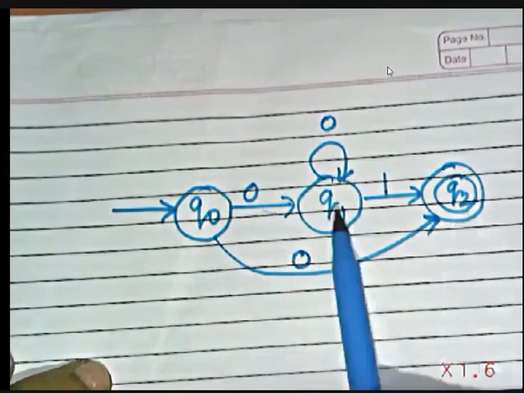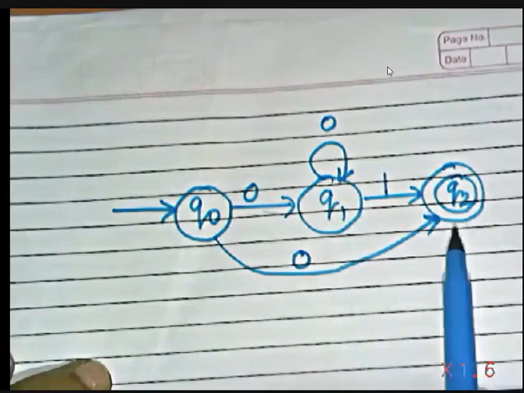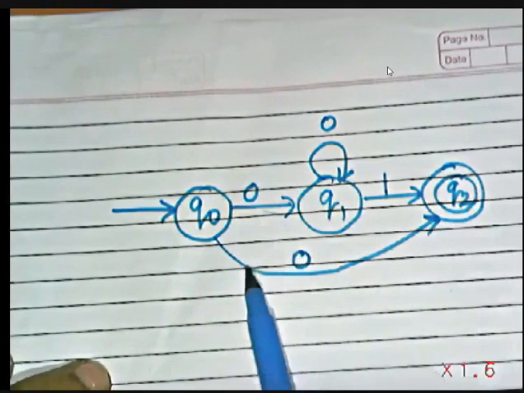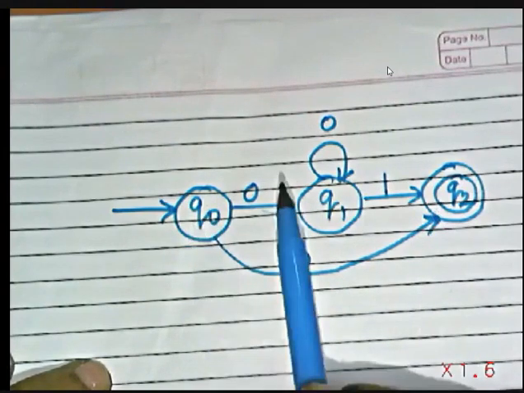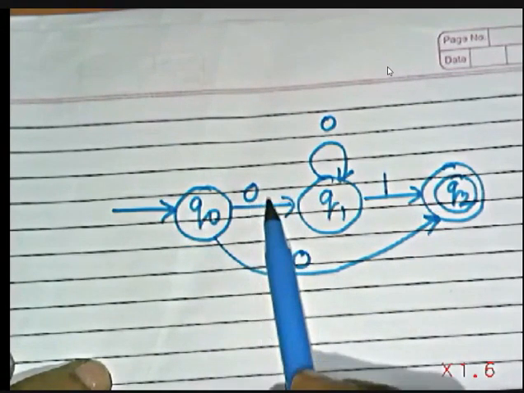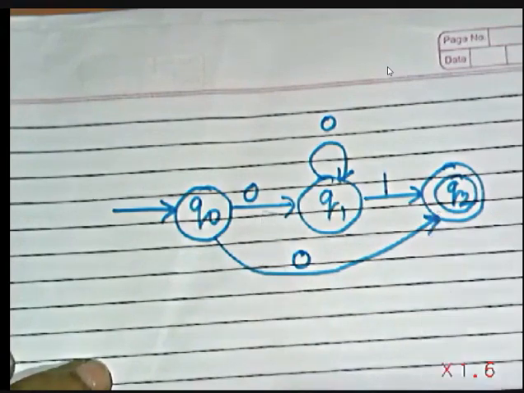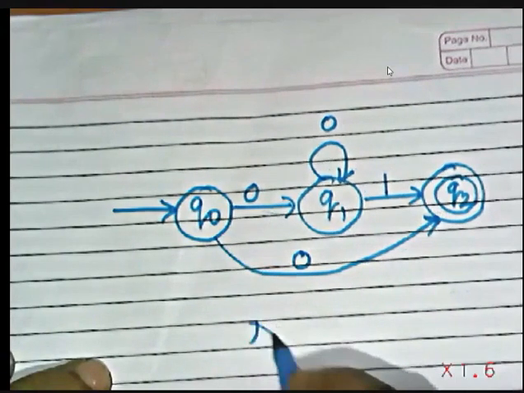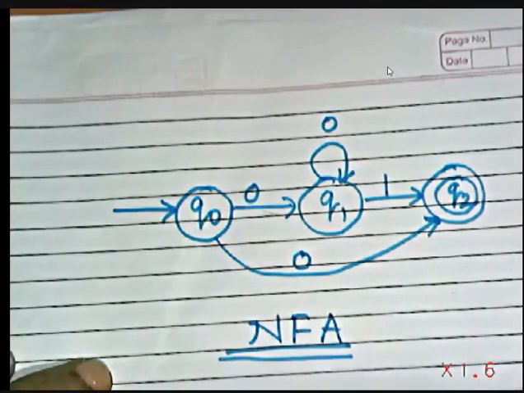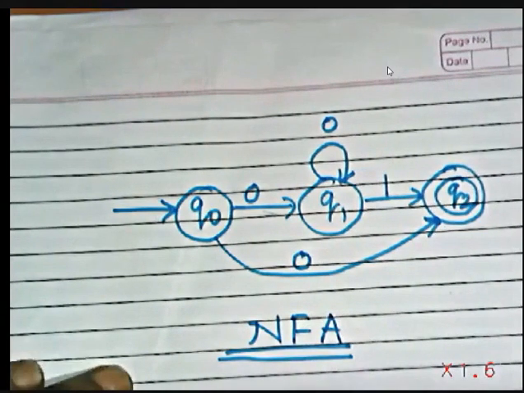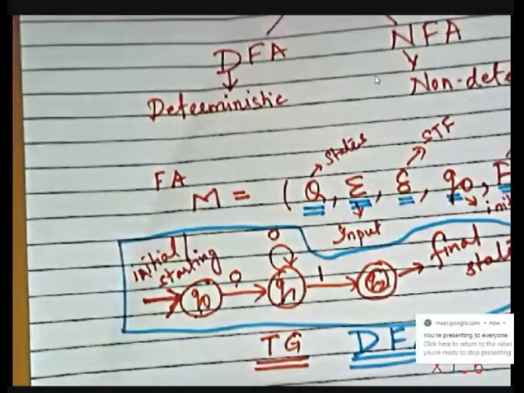Such finite automata where you are having such kind of transitions, that is with the current state and the current input symbol you can have multiple transitions, we call such type of finite automata as non-deterministic finite automata.